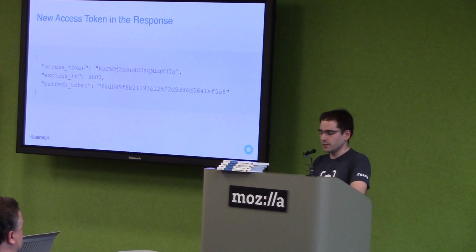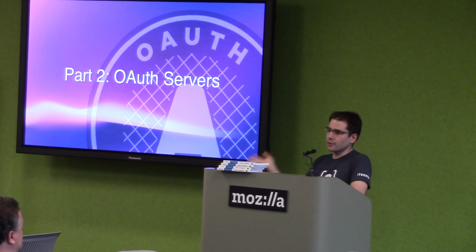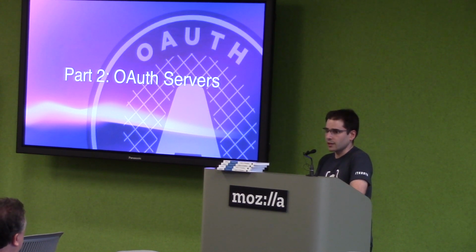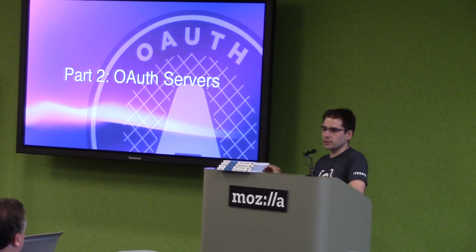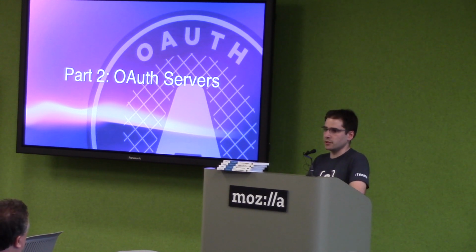Which takes me to part 2. The whole first part was about building applications as an app developer talking to an existing service. There's a lot of things that we breezed over really quickly because the service just made their own decisions and provided you a thing to use.